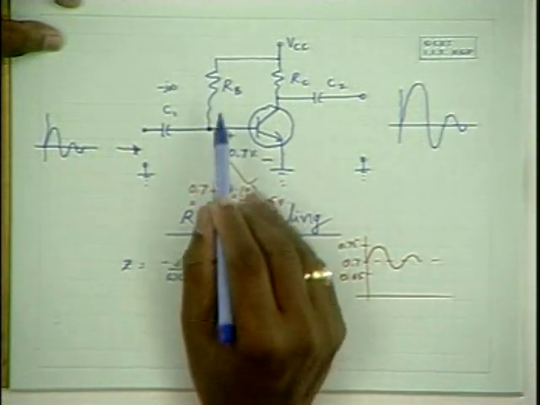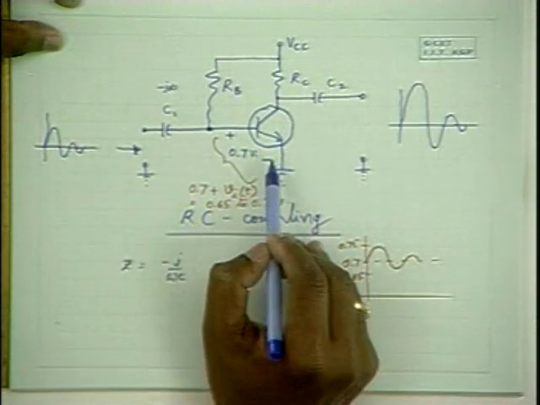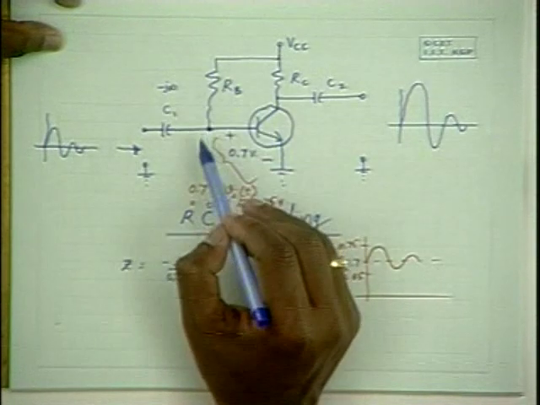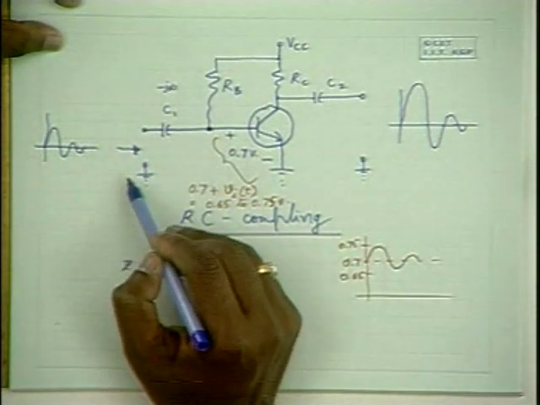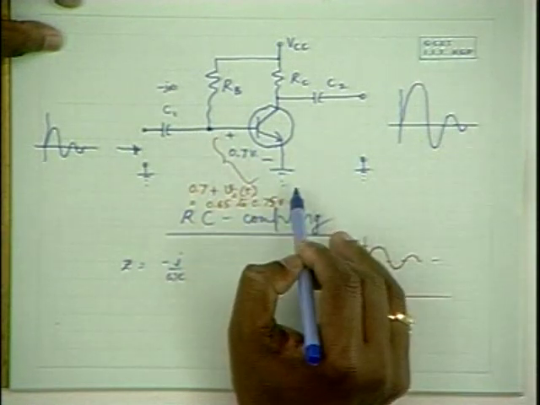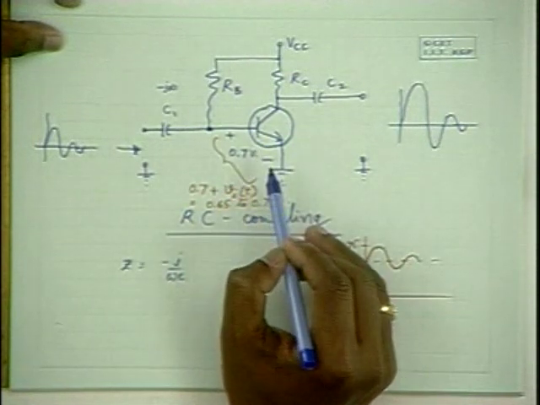Here it is a superposition of this DC component and this AC component. How do you apply the superposition theorem? You use one source at a time with the other source replaced by a short circuit. First apply one source, find the component, that is 0.7 volts.